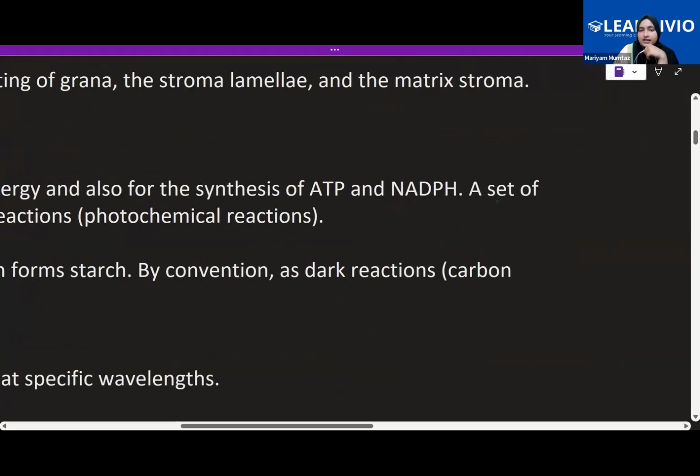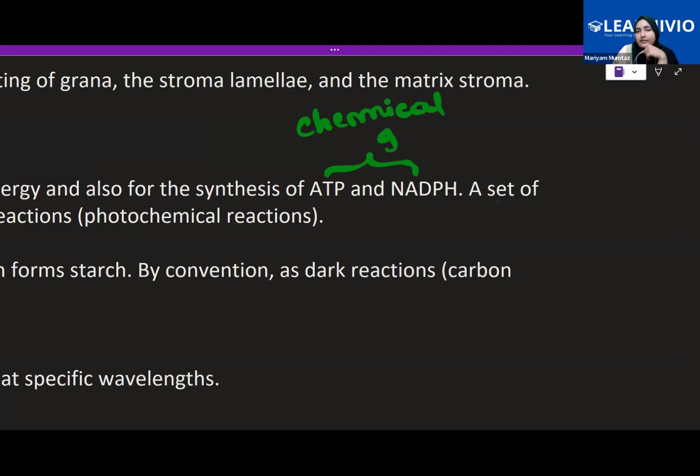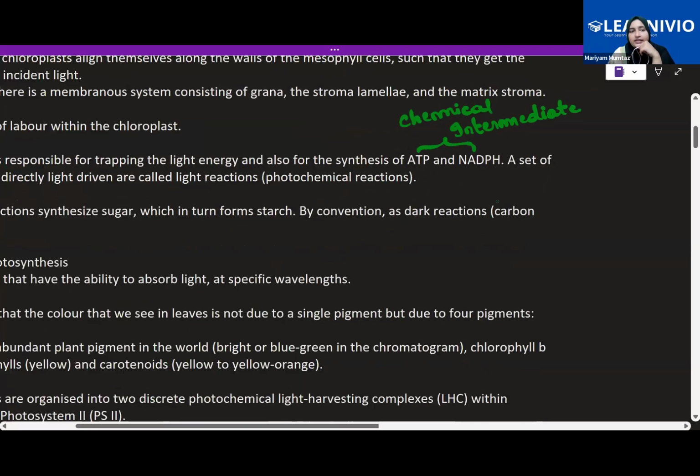These two molecules, ATP and NADPH, we call chemical intermediates. Meaning they are the currencies that will help the process to take place.